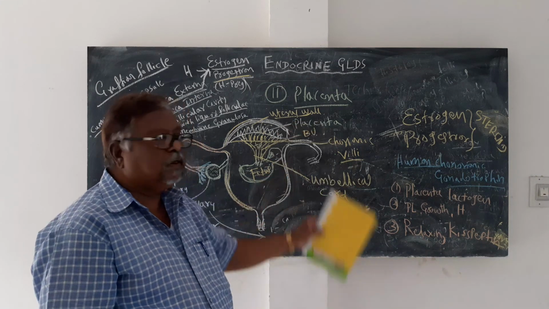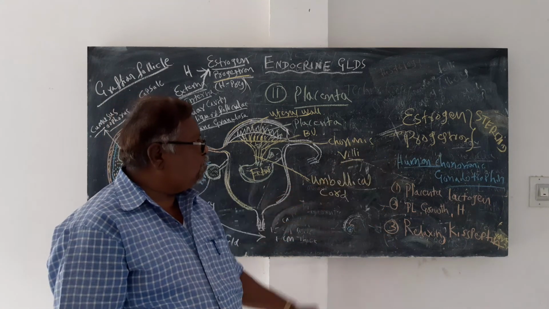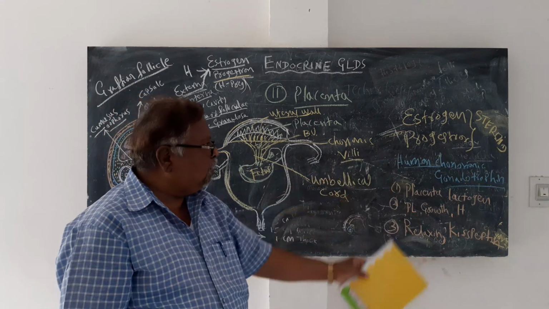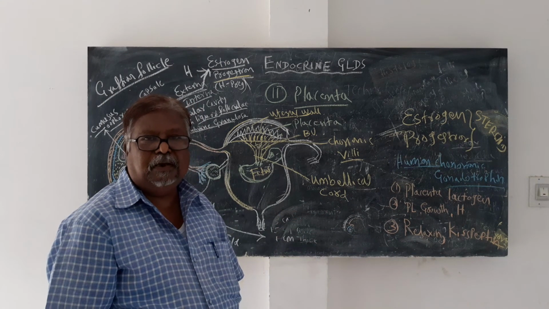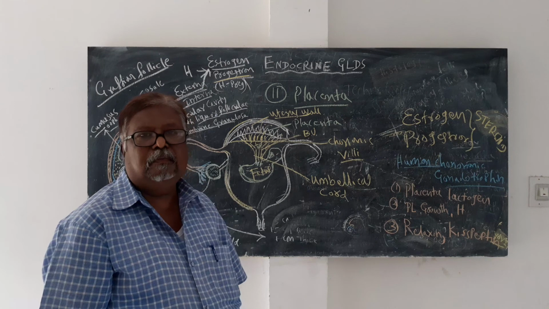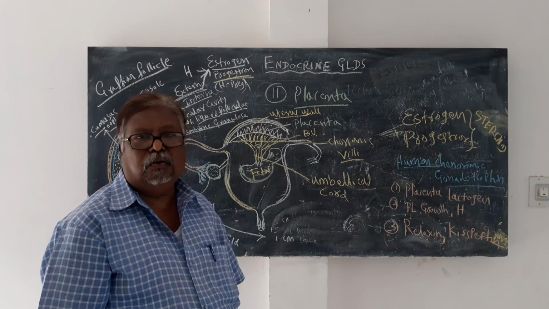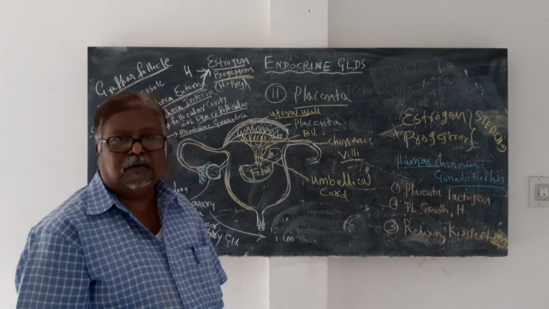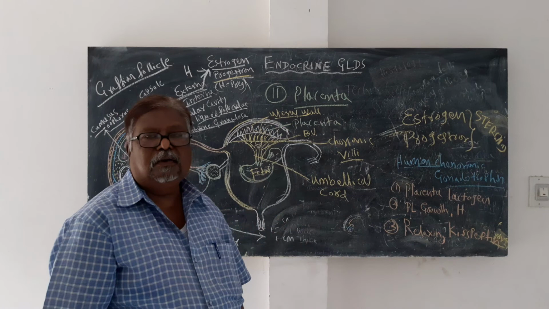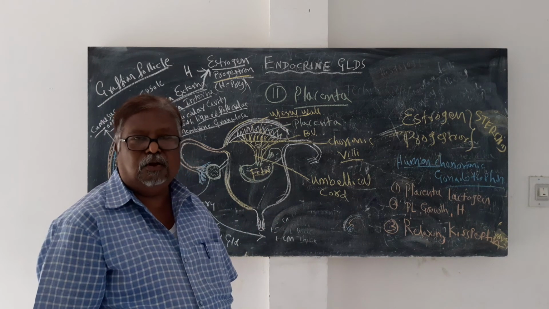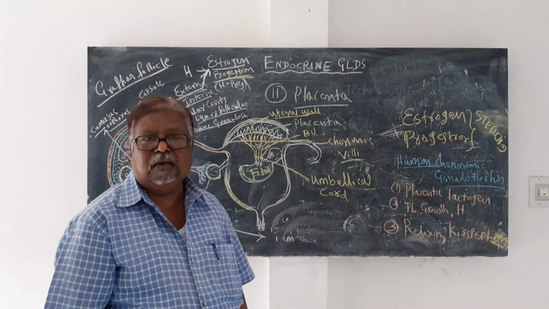Now the last is the placenta, which produces the hormones estrogen, progesterone and human chorionic gonadotrophins. All these hormones maintain the pregnancy, labor, and also breastfeeding. Everything is produced by the placenta only. So the placenta is also an endocrine gland. This ends the endocrine glands.